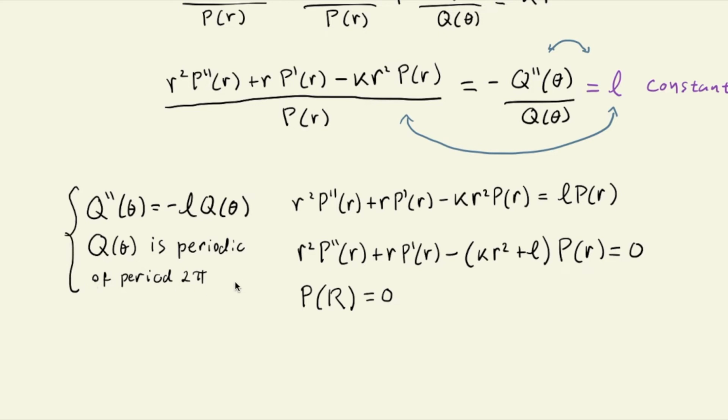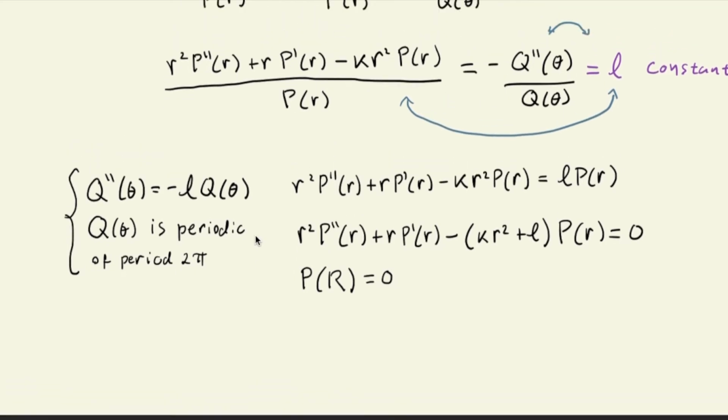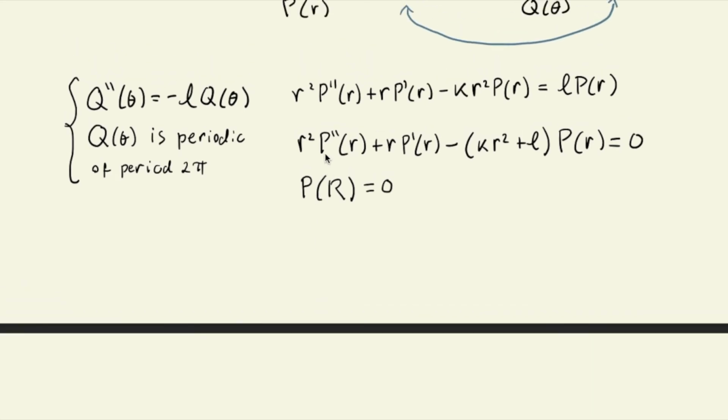Alright, so we have that problem for Q. And there's one more small detail here that's going to pop up. You can think of it as a boundary condition that this function P of R is finite, finite at R equals 0.